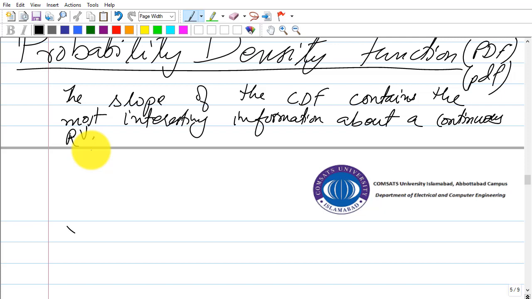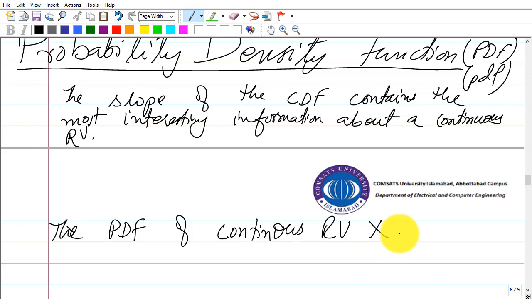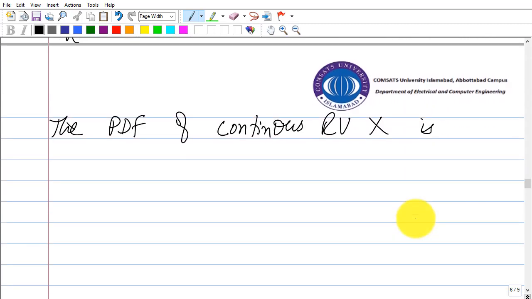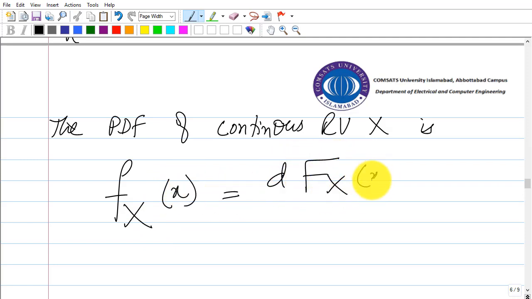So we can formally define this PDF then as the PDF of a continuous random variable x. We write it with small f sub x of x equal to the derivative of the CDF with respect to x.